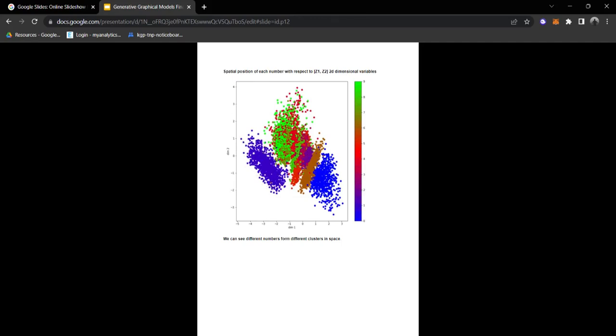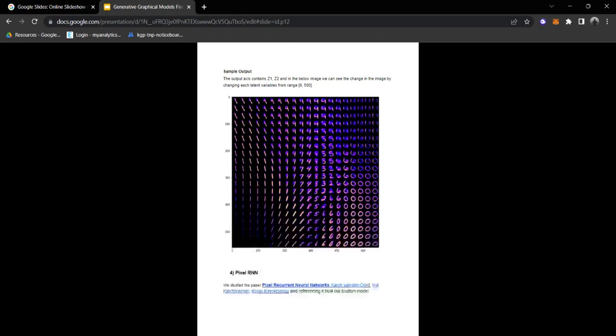Hence for every number we can define a range, and given that range our model will generate that particular number. Now this is the sample output. Here we varied our Z1 from 0 to 500 and Z2 from 0 to 500, and we can see the change and the different numbers generated.